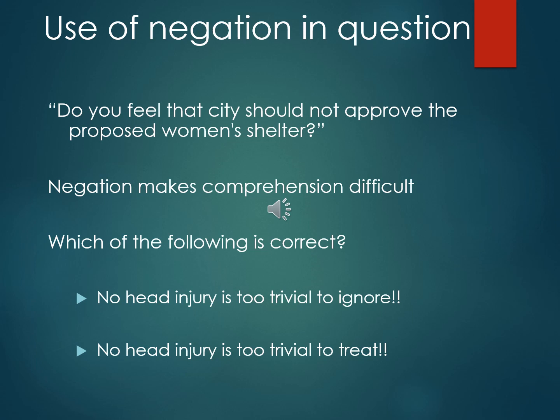This actually reveals that people may not be correctly processing the meaning of these sentences. So in turn, this suggests that you should avoid using negation in sentences when you are constructing survey questions.